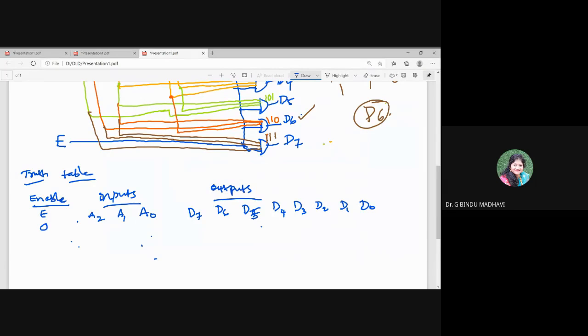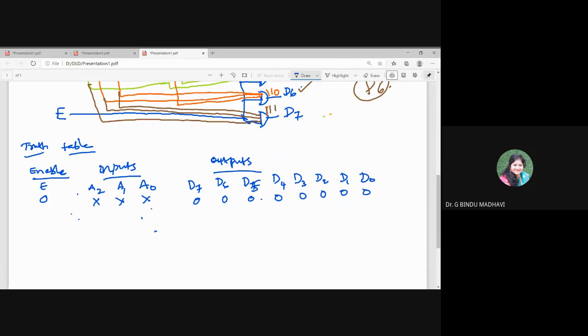So it will be in the non-functioning mode. So all the outputs are also 0.